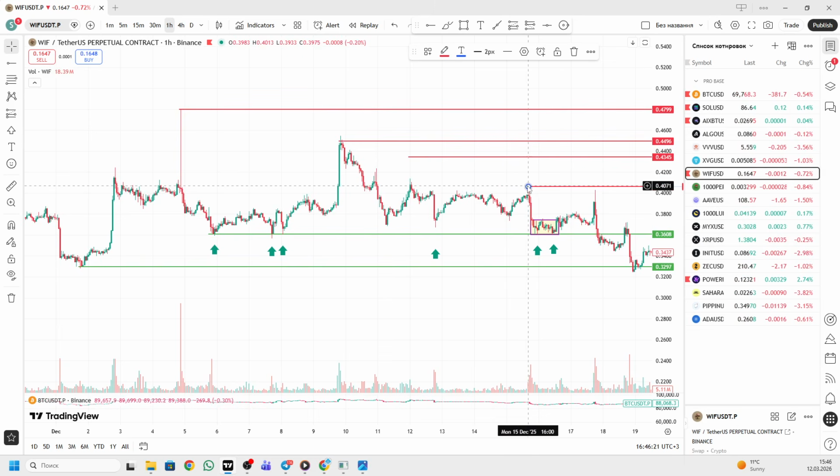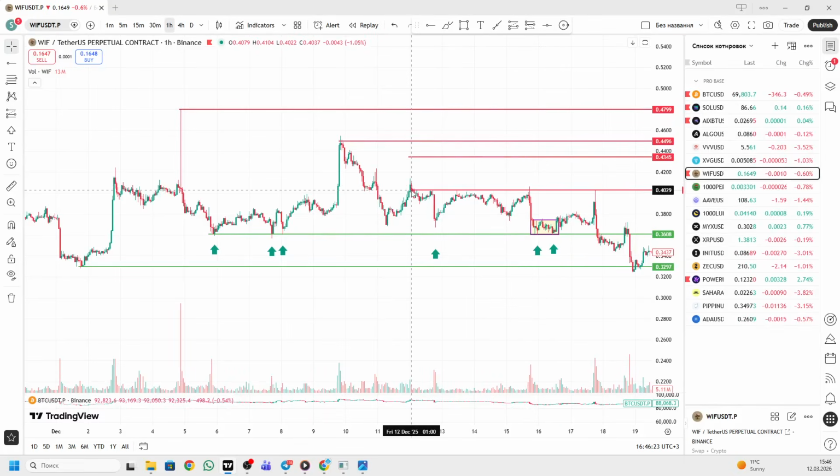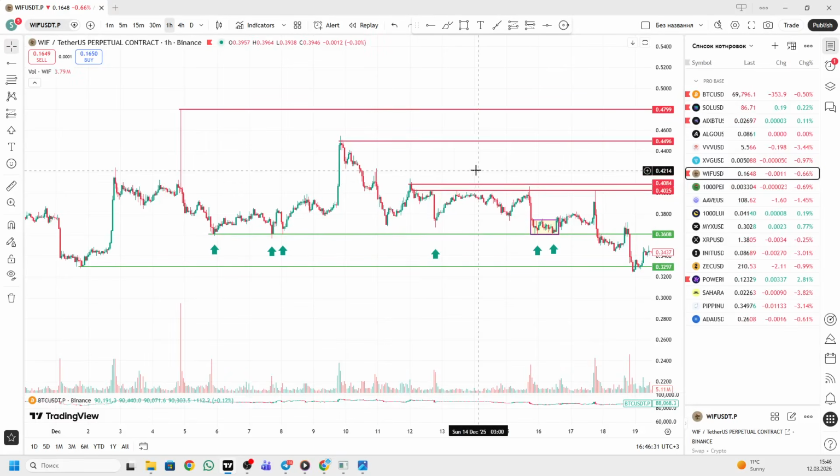So we always have to balance the level. Let's put it back here and here, like this, okay? We balance the level in order to get more touches. But remember, again, I'm telling you again, it is a zone. It's not a single price point.